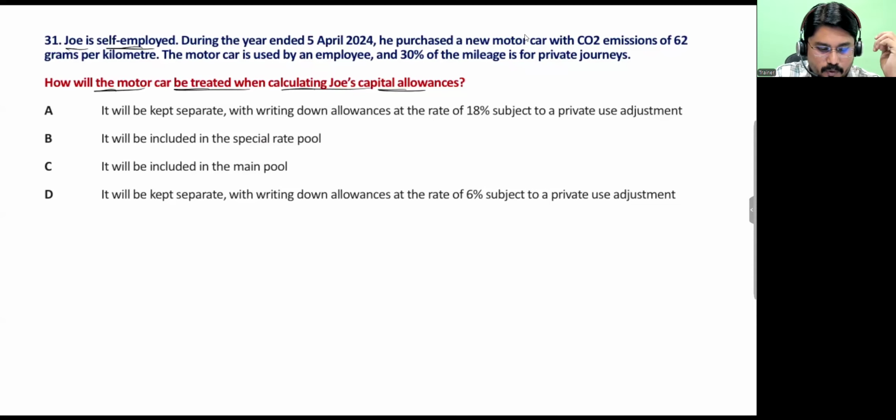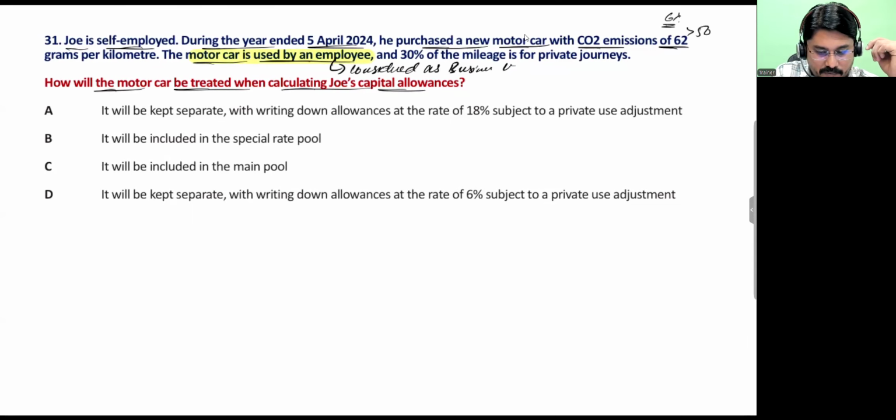Joe is self-employed. During the year ended 5th April 24, he purchased a new motor car with CO2 emissions of 62 grams per kilometer. It's more than 50 grams, so the percentage will be 6%, but we need to decide the column. The motor car is used by an employee. Employee use is considered business use.